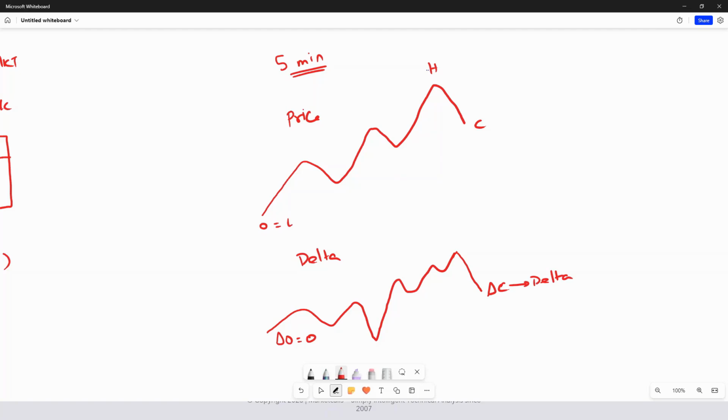During live markets, on a live candle, the delta value will keep on fluctuating. Delta can also go to a low and delta can also achieve a high. Now based on this only, the delta candles are constructed. If I try to construct the delta candle, the candlestick will look like this, more or less. This is how the price-based candlestick will look, whereas a delta candle will look like this.